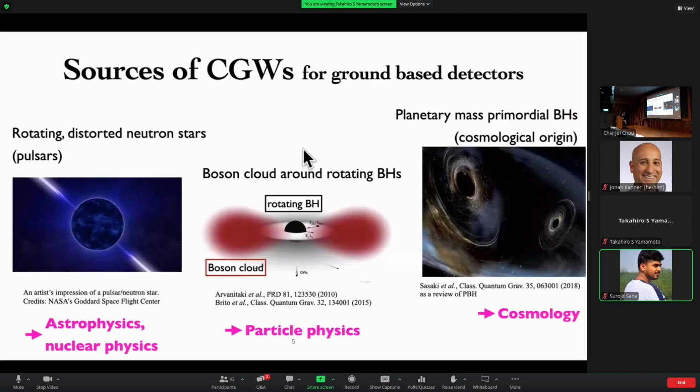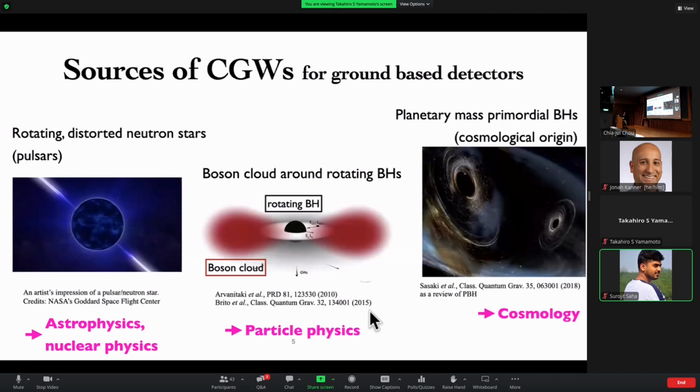And recently, people discuss some other exotic types of sources. In the middle panel, here's a schematic picture of the boson cloud around rotating black holes.